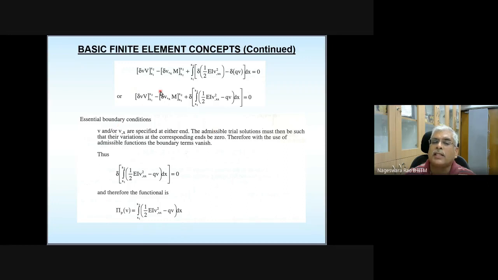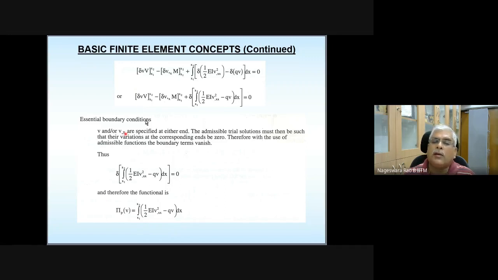So now let's relax that. It's not necessary all the time. That's going to be valid only, let's say, for a fixed beam. If it is a cantilever beam, at one end the transverse displacement and rotation are going to be zero, but at the other end they are not going to be zero.